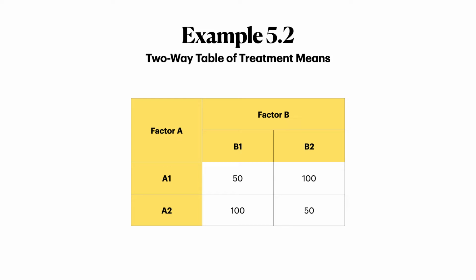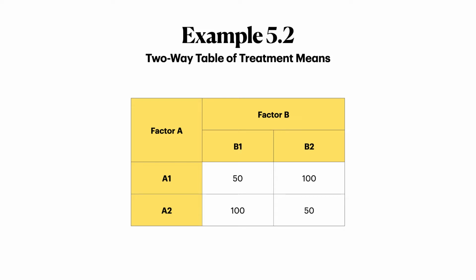The mean of the treatment combination for A2B1, which is denoted mu sub 21, is 100. And the mean of the treatment combination for A2B2, which is denoted by mu sub 22, is 50.